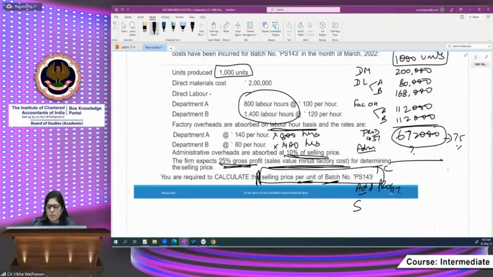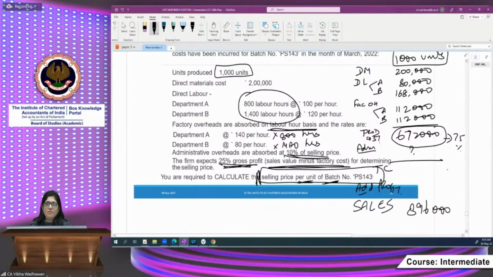But we know the sales is 100%, so gross profit is 25% of sales, and we have the total production cost. So 6,72,000 is 75%. 6,72,000 into 100 divided by 75 gives 8,96,000, which has to be the sales.